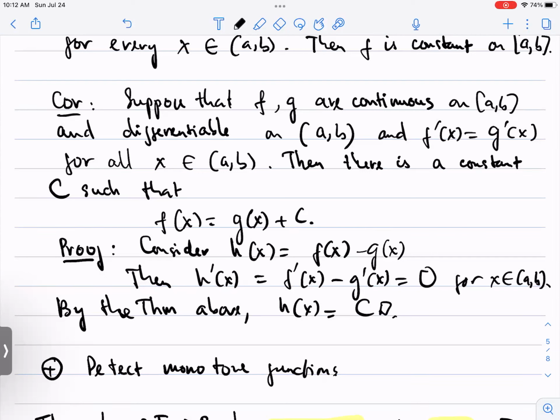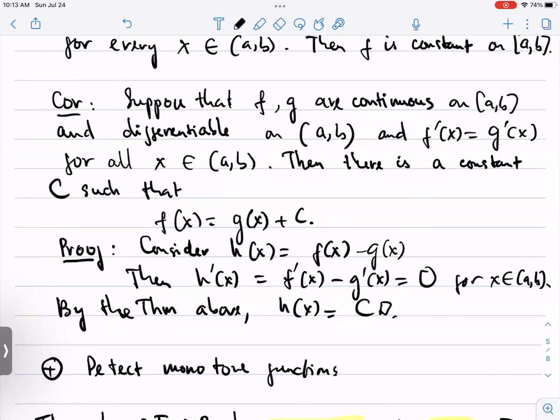The proof goes as follows. Consider the function h of x, which equals the difference between these two functions. That is, h of x is equal to f of x minus g of x. Then the derivative of h of x equals f prime of x minus g prime of x.